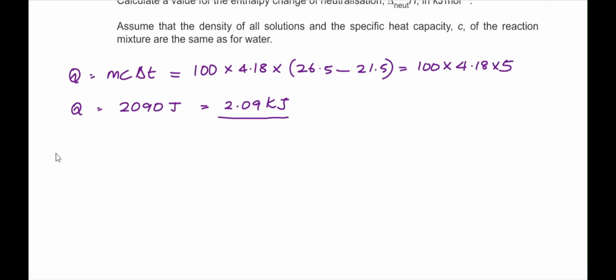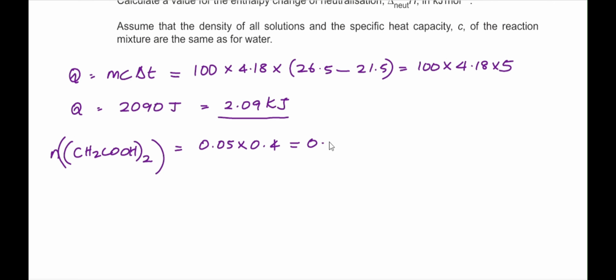Now we have to calculate the number of moles of the acid, (CH2COOH)2. Number of moles equals its volume times its concentration. So 0.05 times 0.4 moles is equal to 0.02 moles.